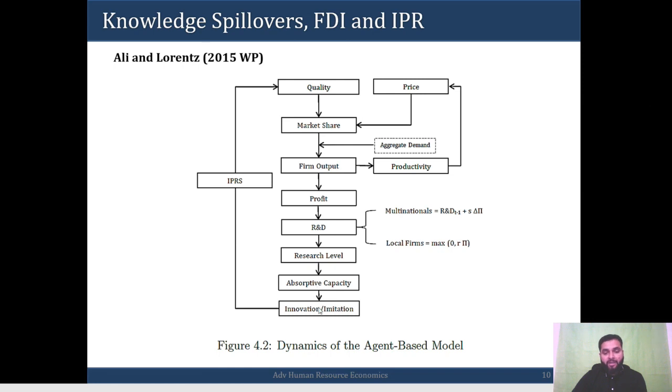And not only do they use their internal knowledge, they also use the external knowledge in the innovation process. They come up with something new, send it to the IPRS, and if that product is allowed to enter the market, then their quality improves, and then the system starts again. So the quality is dependent on R&D, research level, and absorptive capacity, and all these things are dependent on profit, market share, and all. So this is how the system works in the agent-based model.